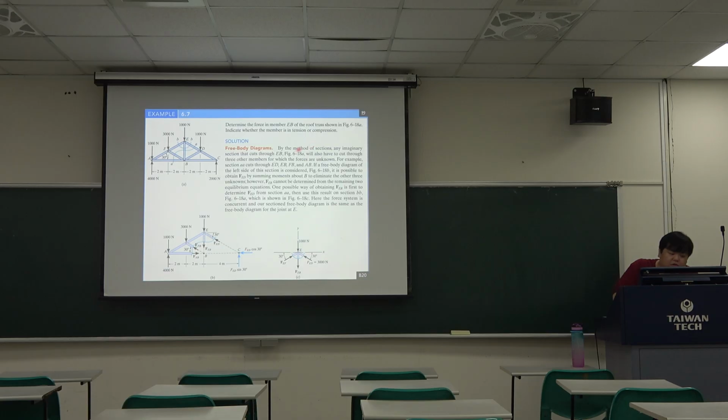So we also just draw a free body diagram like this, and when we want to determine the force in member EB, you can choose section B, but when you choose this section, you will get 4 unknowns.